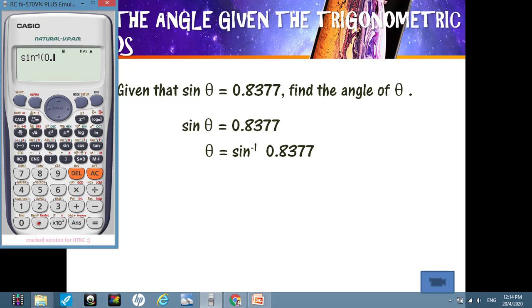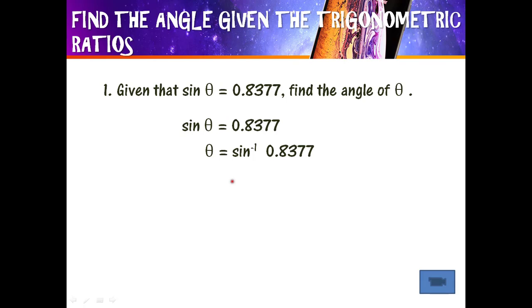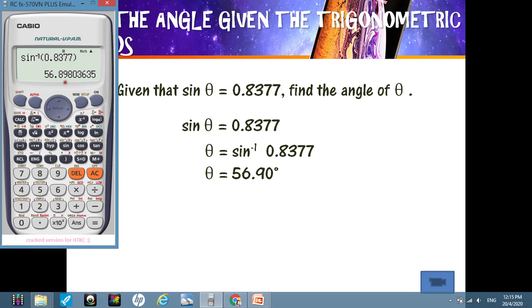Then 0.8377, equals, and this is your degrees, 56.89. We want to round off to 2 decimal places, so it should be 56.89.